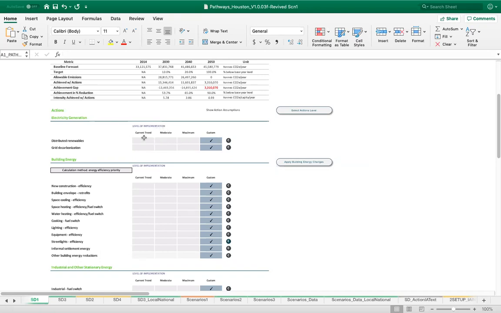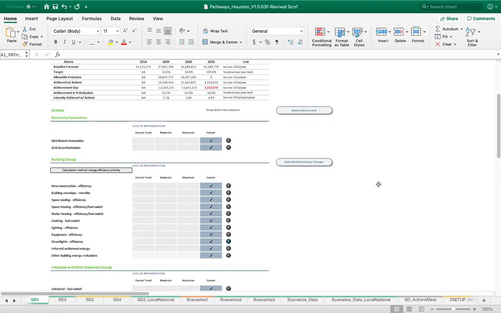And then in between the current trend and the maximum, as you might expect, is moderate. That moderate setting is typically based upon, for the technological changes we're talking about, the anticipated uptake curve for the technology. What does a moderate case look like for distributed renewables uptake, for example?